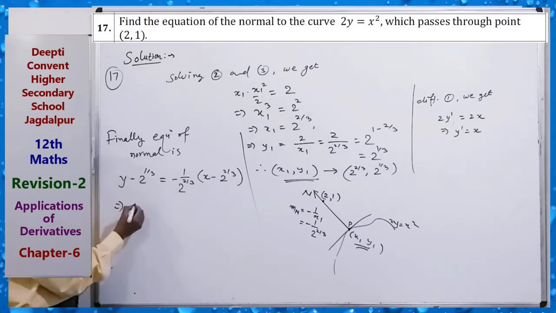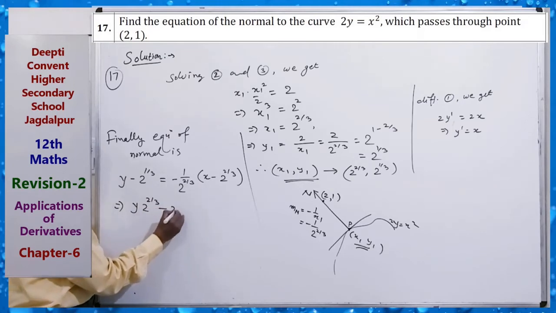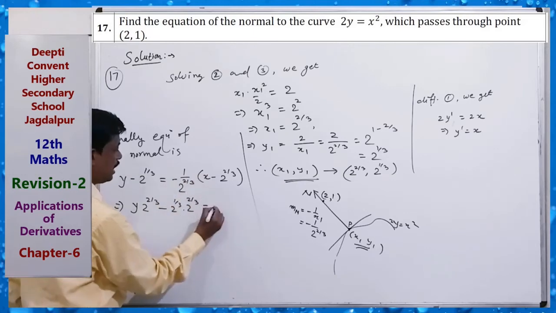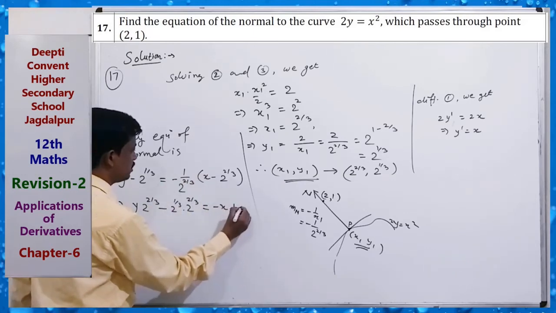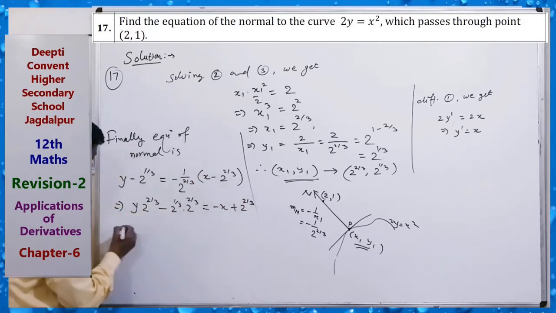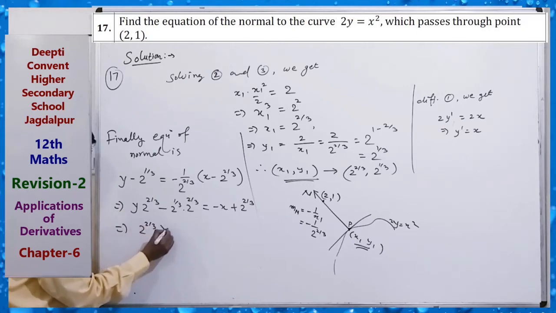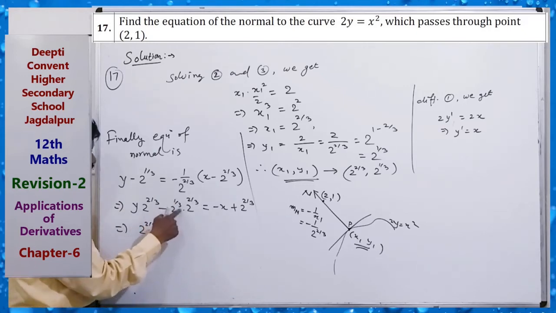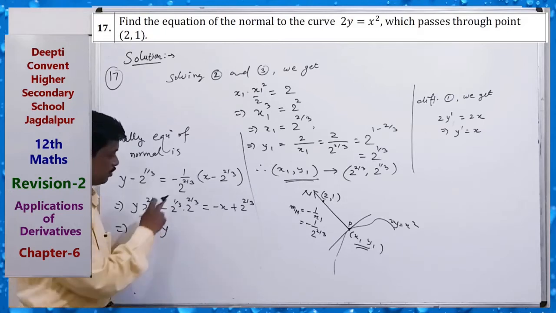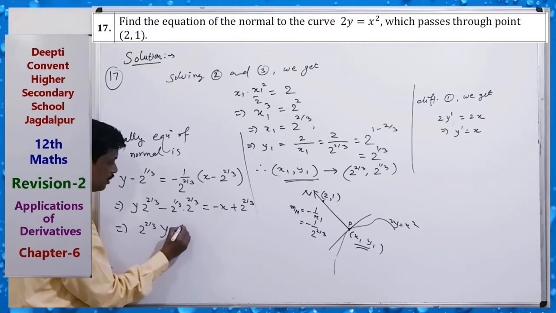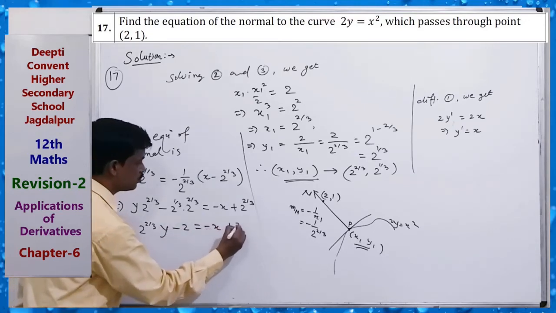So multiply it: y into 2 to the power 2 by 3 minus 2 to the power 1 by 3 into 2 to the power 2 by 3 equals to minus x plus 2 to the power 2 by 3. 2 to the power 1 by 3 plus 2 by 3 means 3 by 3, means 2. So y into 2 to the power 2 by 3 minus 2 equals to minus x plus 2 to the power 2 by 3.